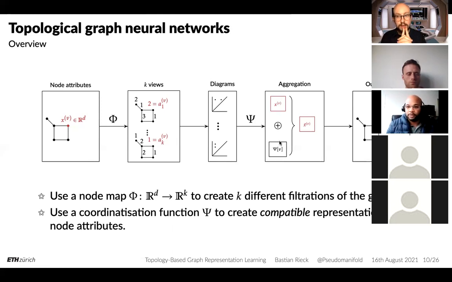That's an excellent remark. This coordinatization function psi is something that always results in a vectorized representation. We experimented with different functions there, but in the end, the function that we found to work best is a kind of deep sets function. So it treats this diagram as a kind of set, which in some sense it also is fundamentally, right? Because you can have different numbers of points.